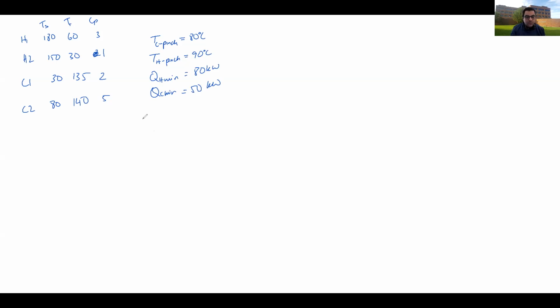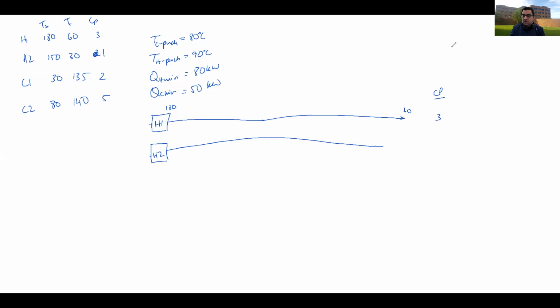So step 1, graphically, I'm just going to draw the streams. So I have H1 going from 180 to 60, and CP here is 3. Next one, H2 going from 150 to 30. Okay, this is a shocking line. I'll try to make it reasonable.